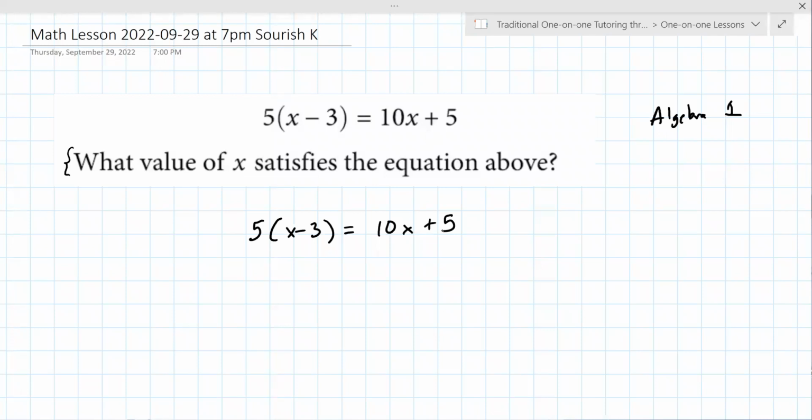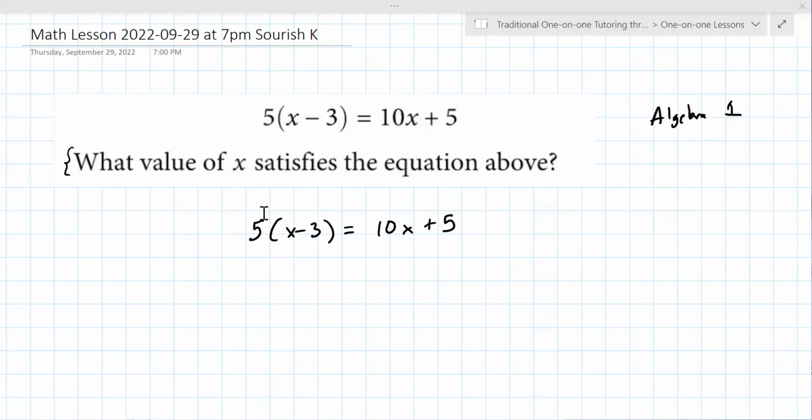Did you write the equation down? I'm writing it down. Okay, I wrote it down.